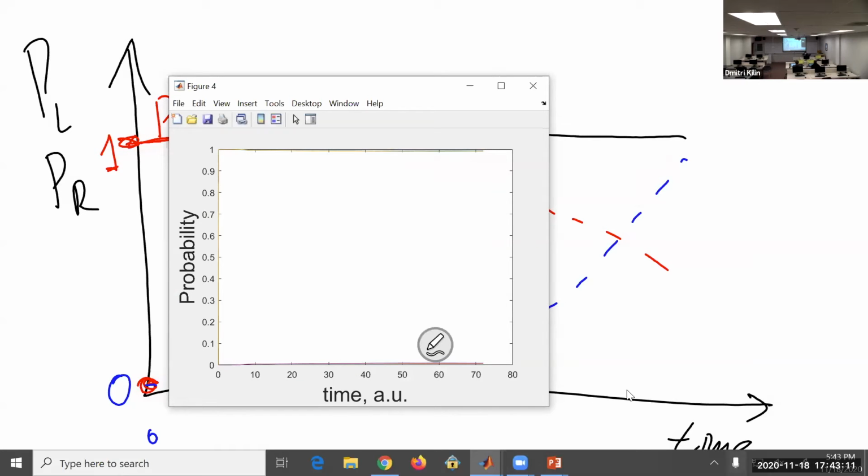Here is the image. We'll go over the code for this. So we see it starts at 0 and 1, and there are two lines. One is growing and the other is declining. The one that starts at 1 and declines is left, the donor. The one that is growing is the acceptor. Okay.